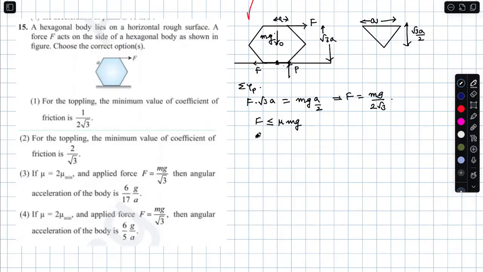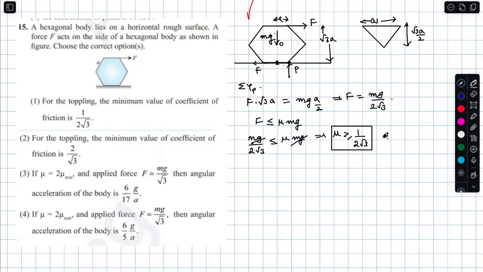So mg by 2 root 3 is less than or equal to mu mg, which implies mu is greater than or equal to 1 by 2 root 3.